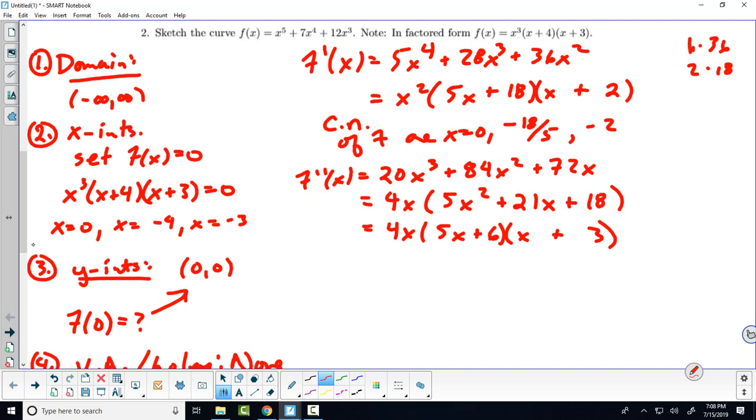Okay, so it looks like we've got critical numbers of f prime, and they are x equals 0, negative 6 fifths, and negative 3.